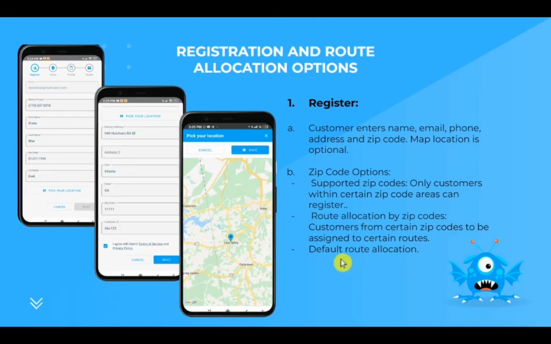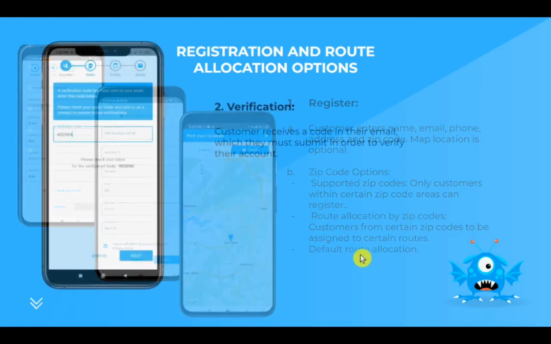We could also have a default route allocation if you do not want to split them by areas. For example, if you want to just have one route for everyone, or one route from which you will be manually reallocating customers, then we can do that.